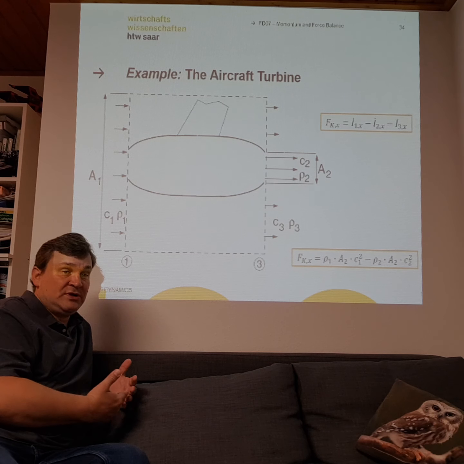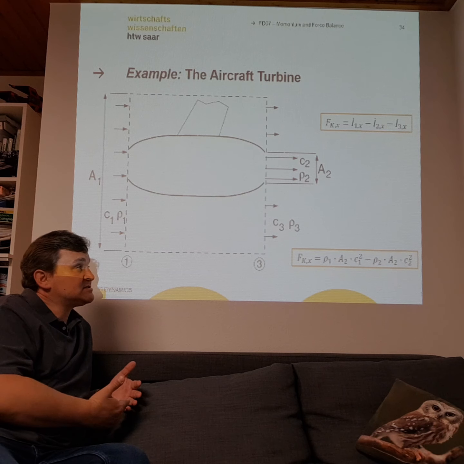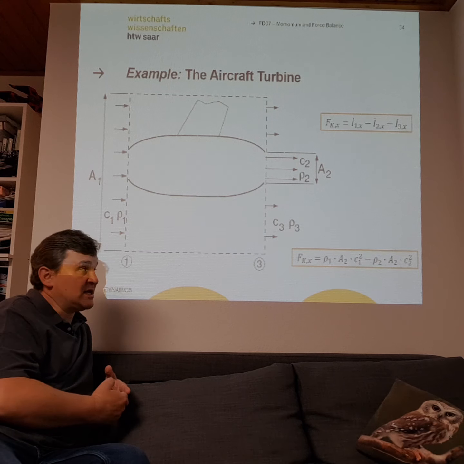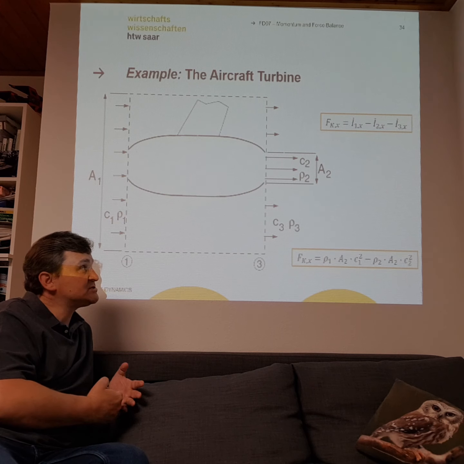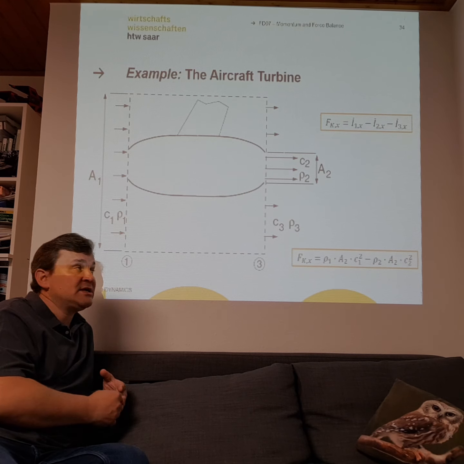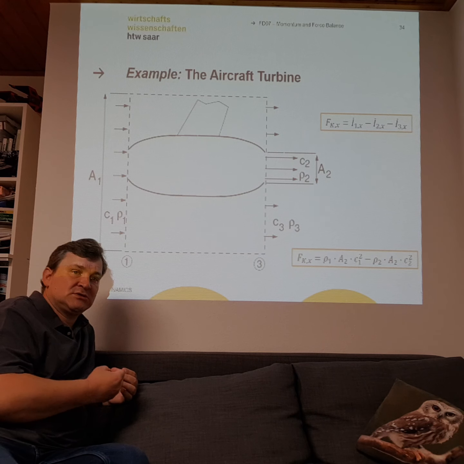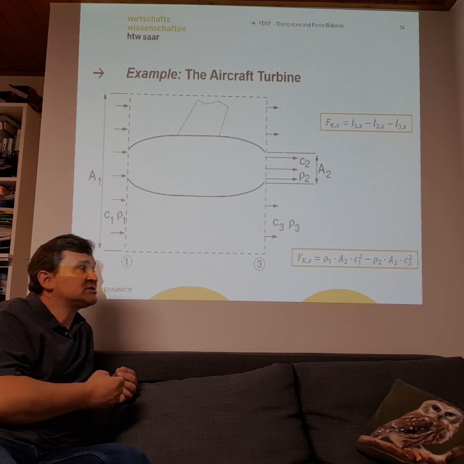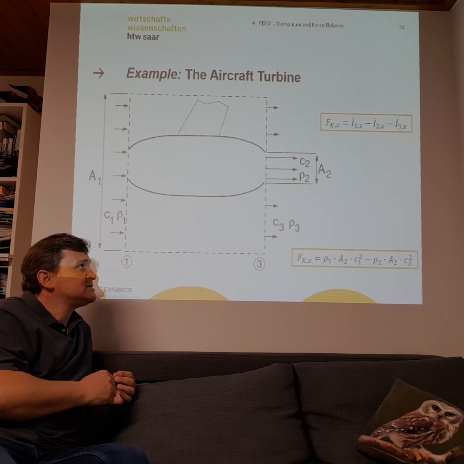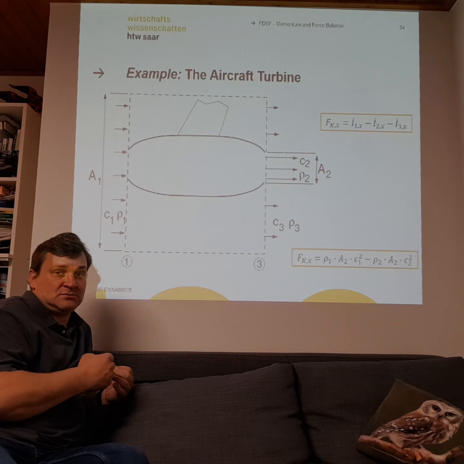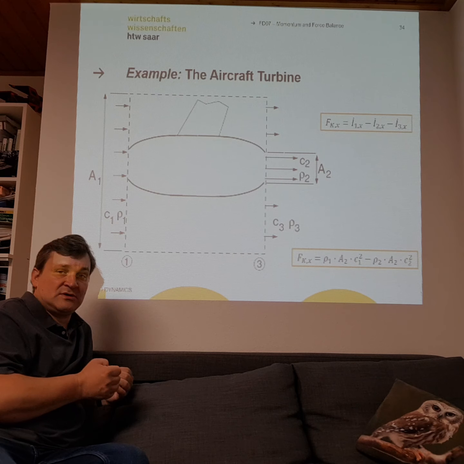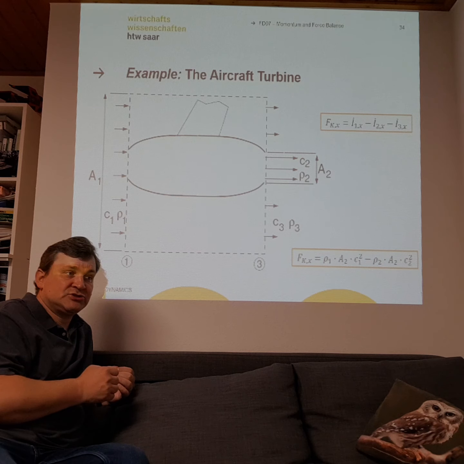It's a stream that exits. We have a combustion process inside the turbine, and the stream that exits the turbine is a really hot exhaust gas stream, and so the density will change. We have to take into account this density change.